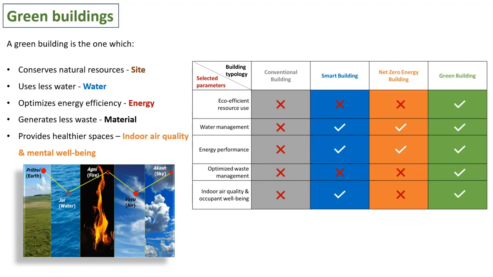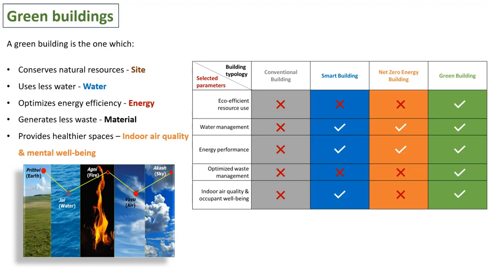So it's not like every one of these parameters will be achieved and addressed 100% to their maximum availability in the green building. No, it's not like that. We can make a scoring, and if each parameter has 100 out of 100, a green building should try to address all of them at least to a pass mark level.